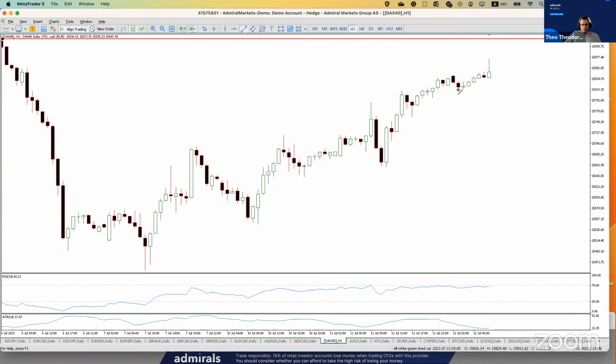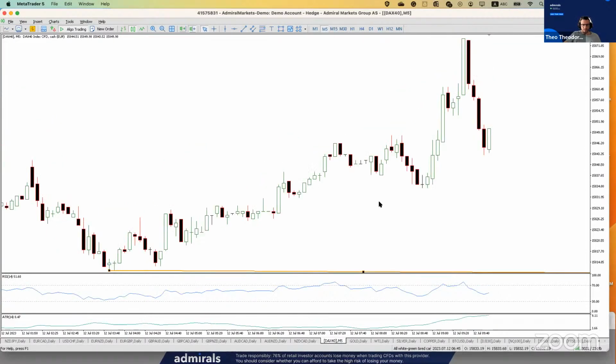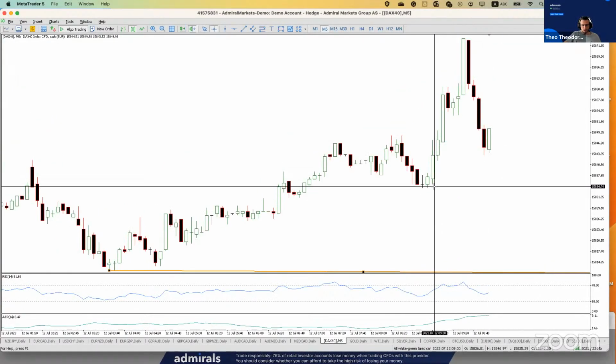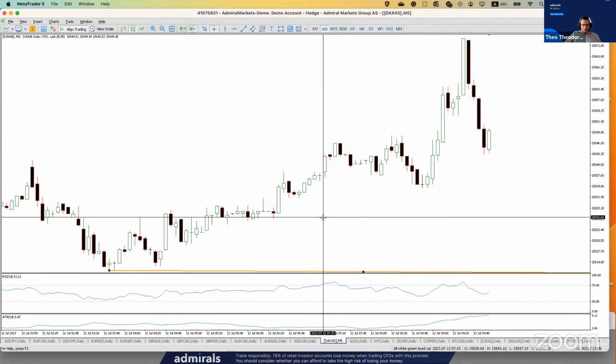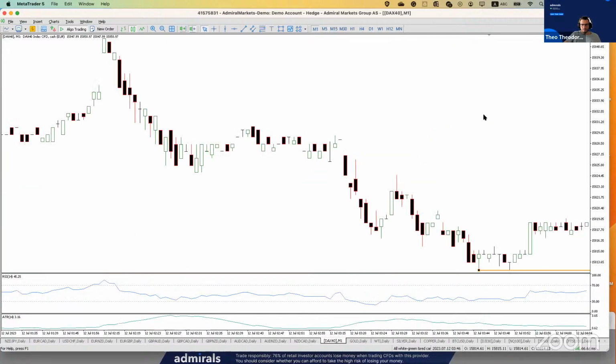On the hourly chart, I can see this swing low, which is relevant for our 5-minute trading. Although we have to go through another swing low and another swing low and another swing low on the 5-minute chart.